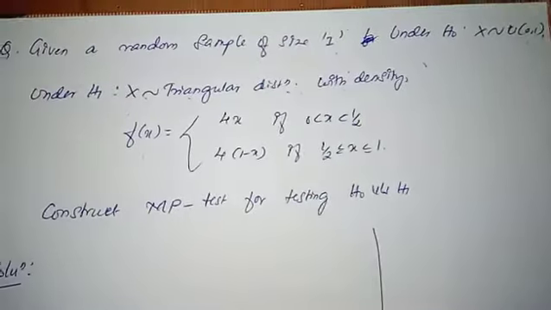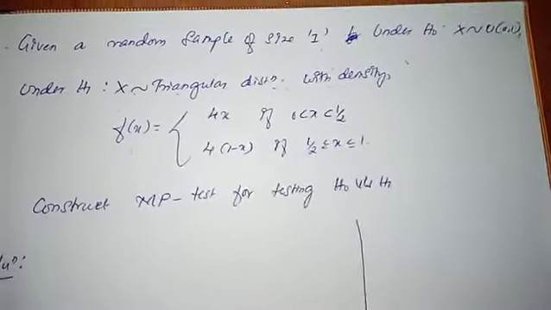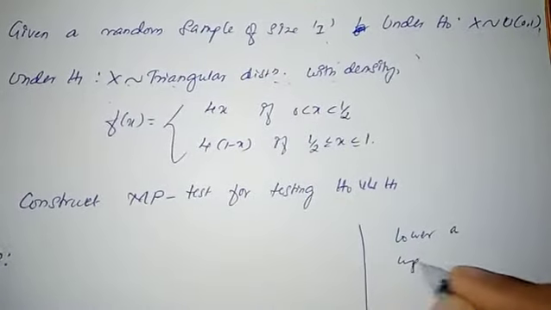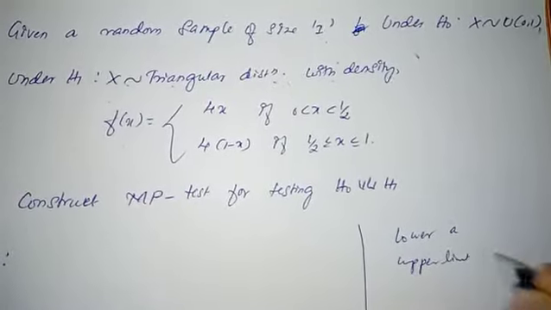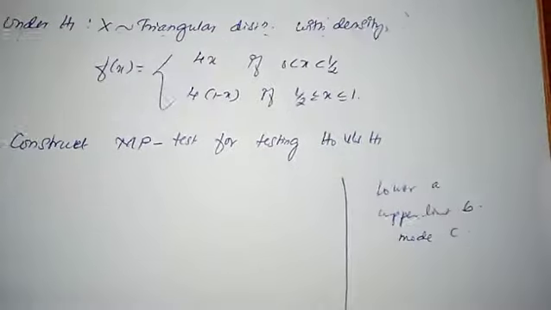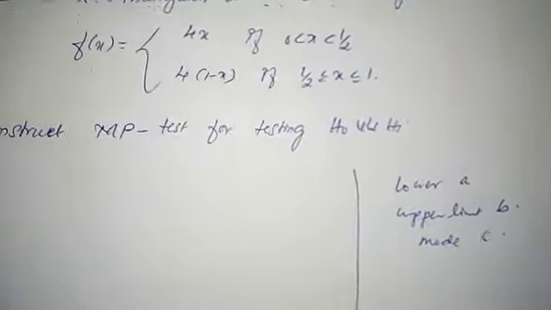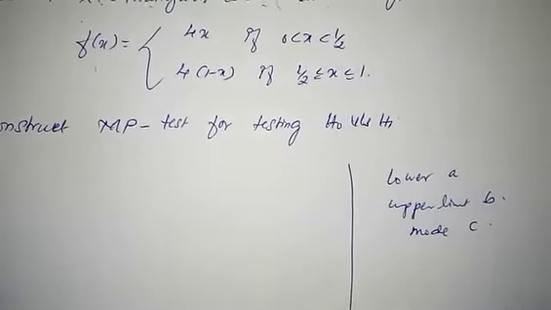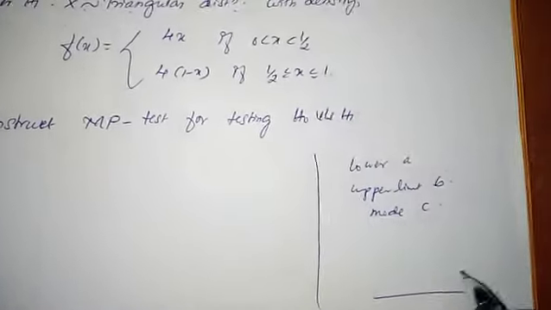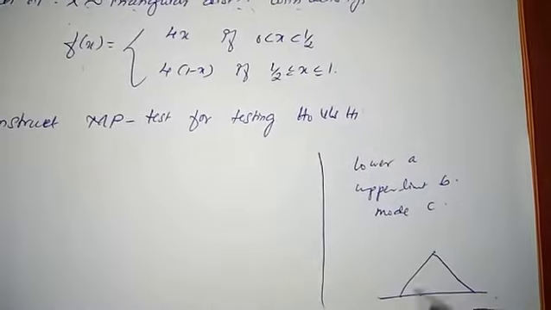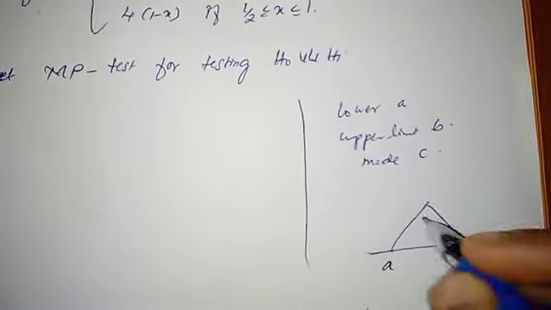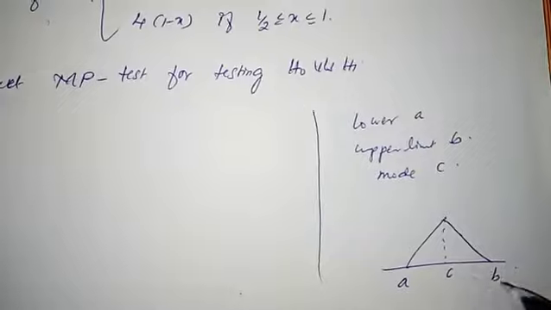A triangular distribution is a continuous probability distribution with lower limit a, upper limit b, and mode c. Its probability density function has a shape like a triangle, where a is the lower limit, b is the upper limit, and c is the mode.